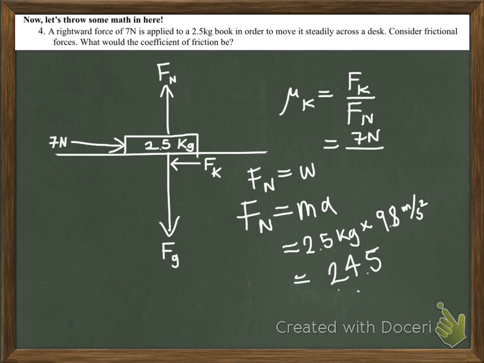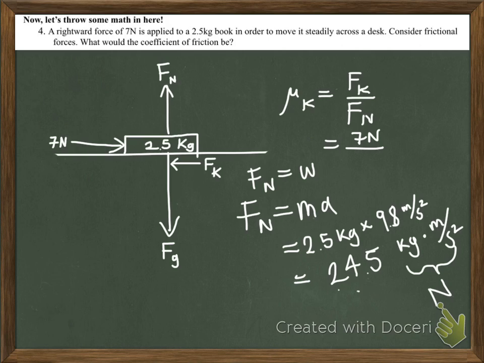And then we multiply kilograms times meters per second squared, so that is actually newtons. Newtons is kilograms times meters per second squared. There you go, we found the normal force.